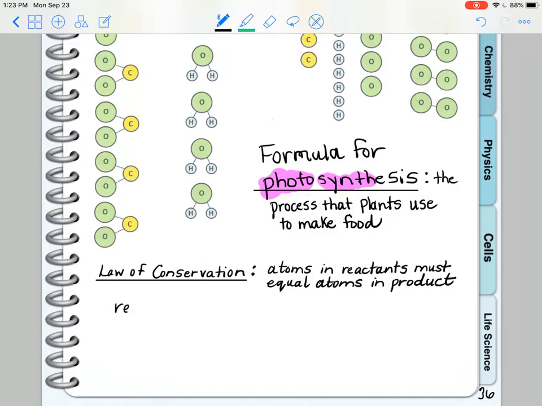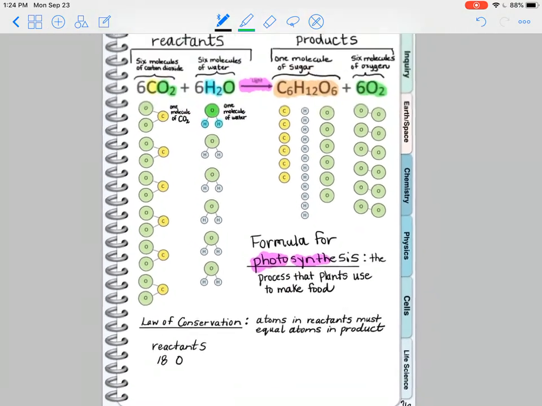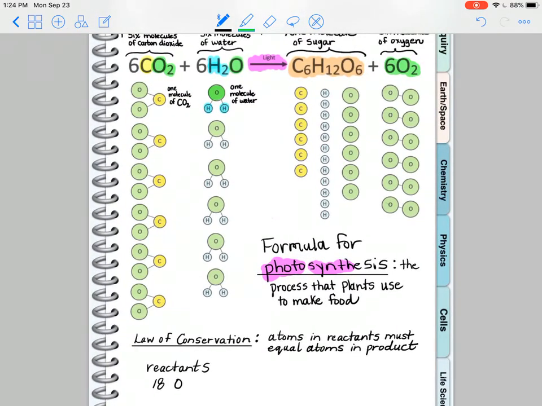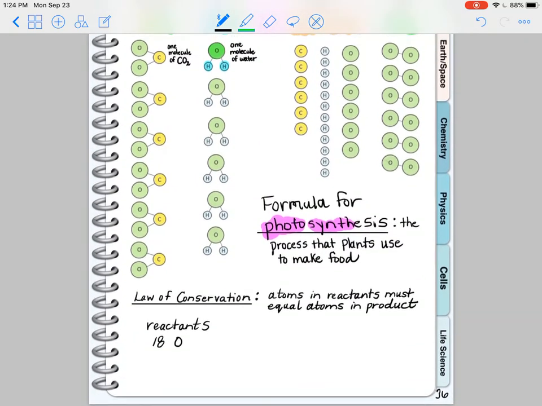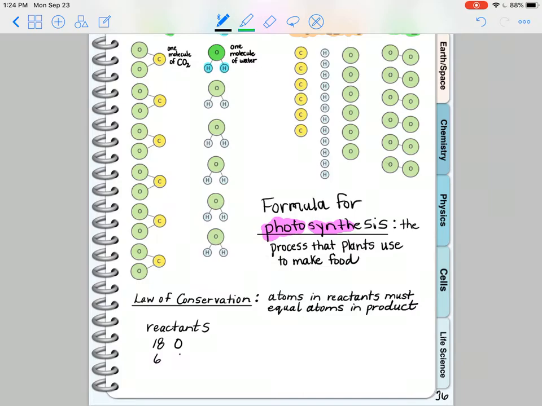So in our reactants, we have 18 oxygen atoms. Okay, let's count the C's in the reactants. Those are the yellow ones. 1, 2, 3, 4, 5, 6 carbon. And I'm not saying C6 because they're not connected. I'm just counting them. In hydrogens, I see 1, 2, 3, 4, 5, 6, 7, 8, 9, 10, 11, 12 of those H's.